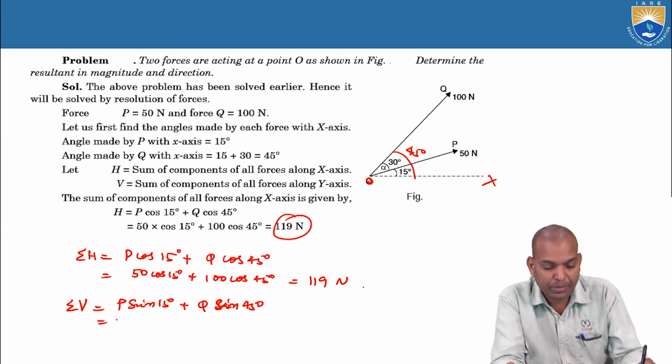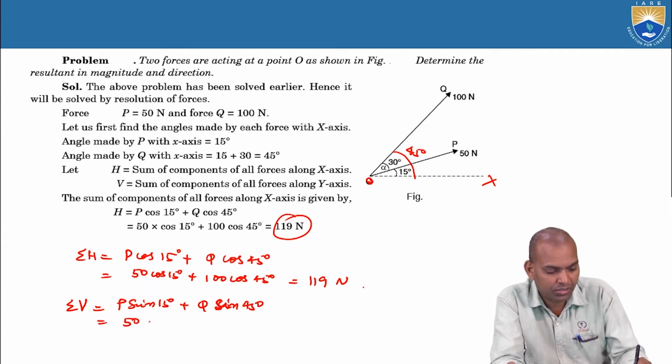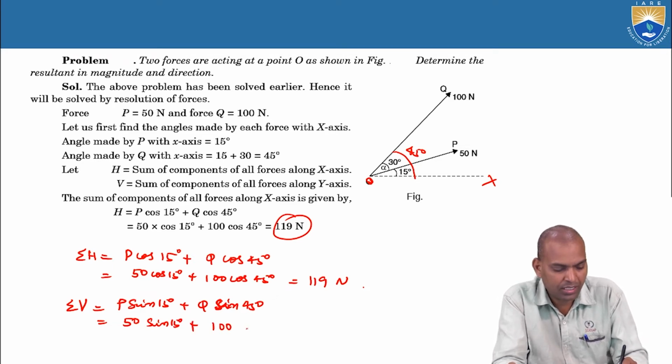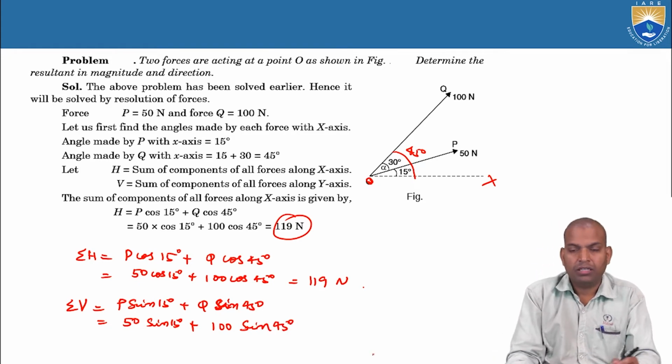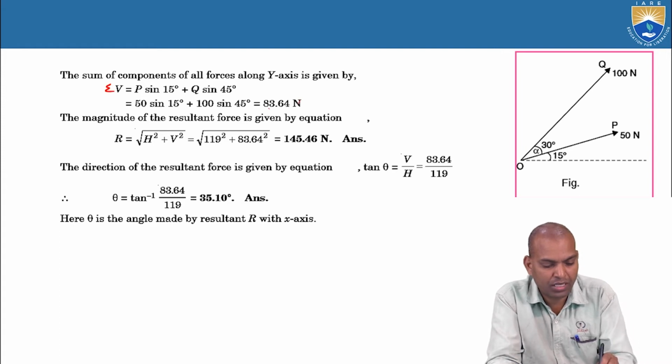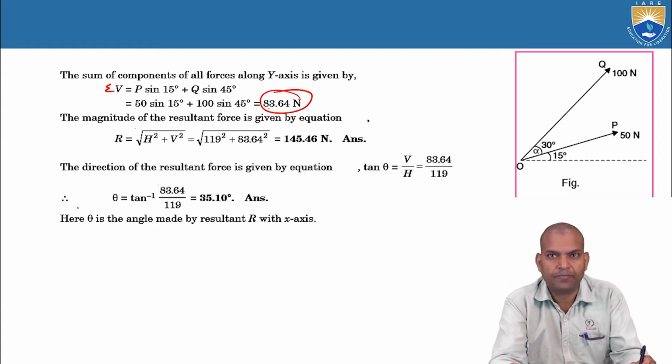What is the value of P here? 50 newtons, so 50 sin 15 degrees plus 100 sin 45 degrees. The sum, sigma V, equals 83.64 newtons.